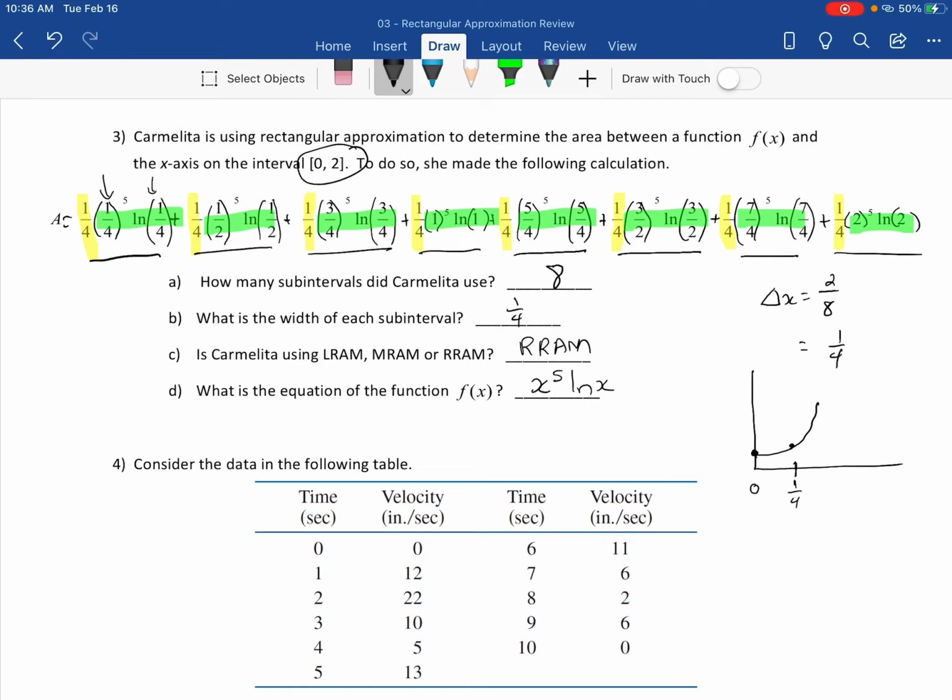So you just look at each piece that you know is the height of each rectangle and use that to pick off whether she used LRAM, MRAM, or RRAM.